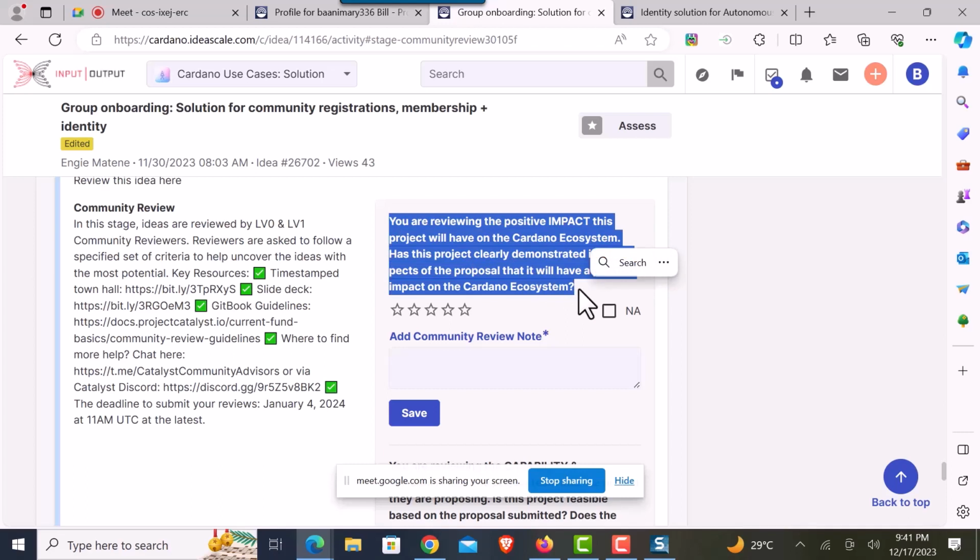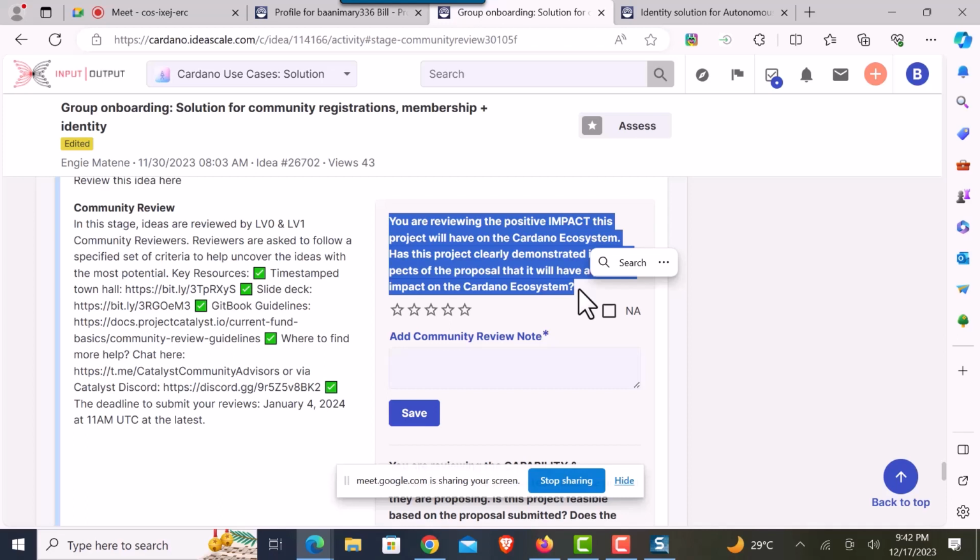In fact, this time around, assessing proposals is quite better than it was in Fund 7 and 8, because the proposal template has been streamlined, with a category for impact, feasibility, and value for money. You just look through it and assess in that regard.